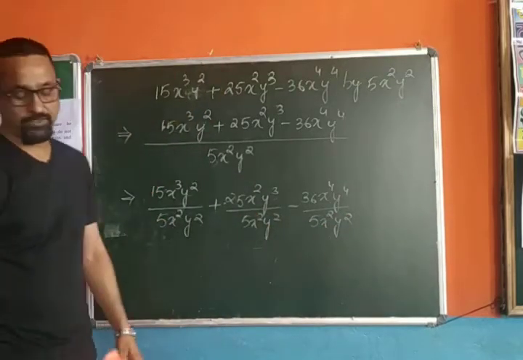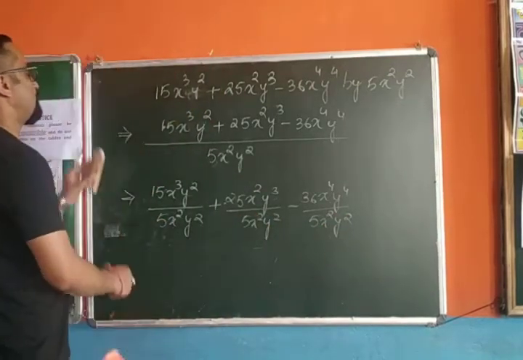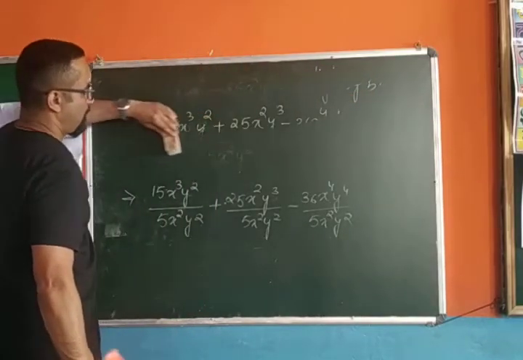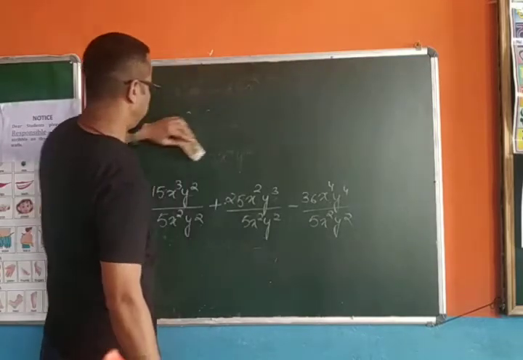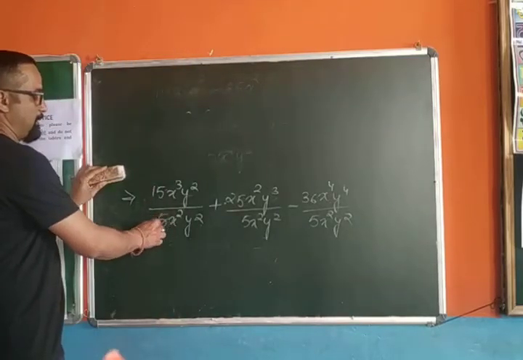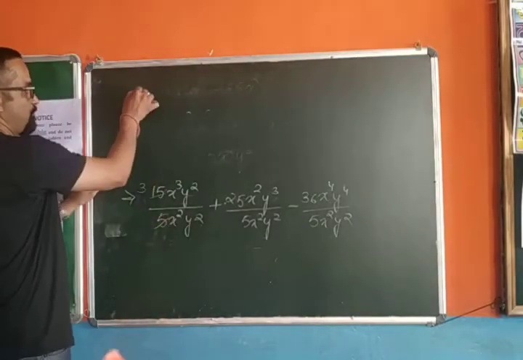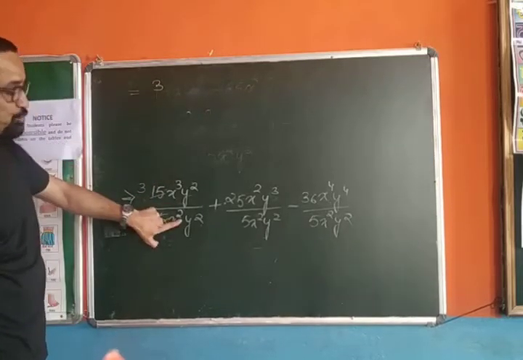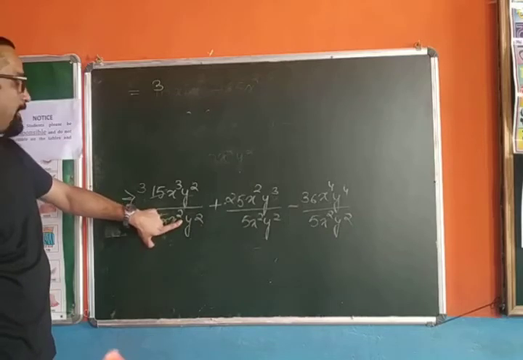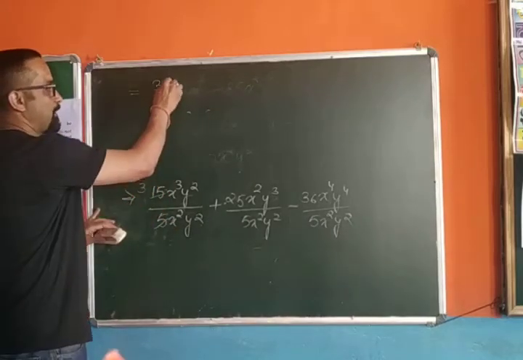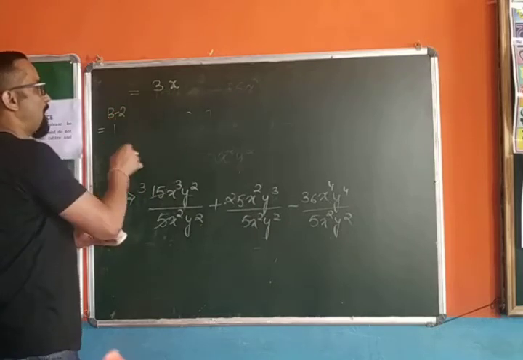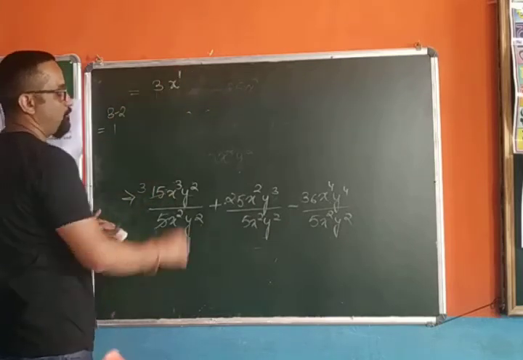Once you do the division, you need to look at the coefficient. Divided 3 times. So you write 3, and of 3 and 2 powers of x, greater, so you write x. 3 minus 2, which is equal to 1, so you write x to the power of 1.